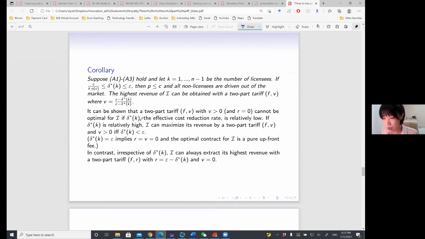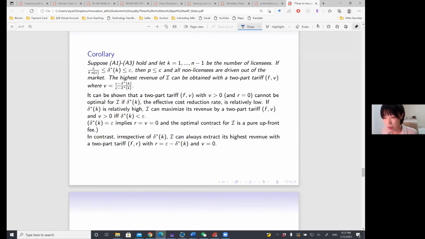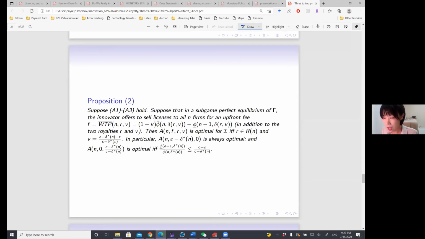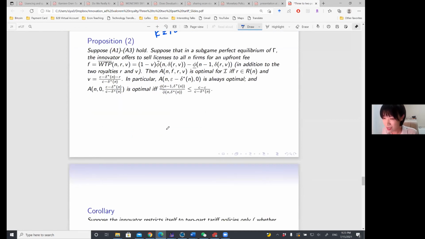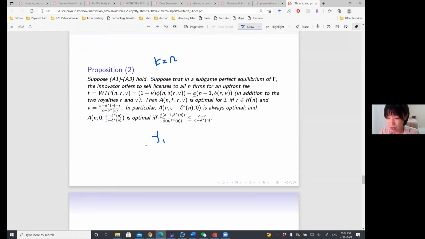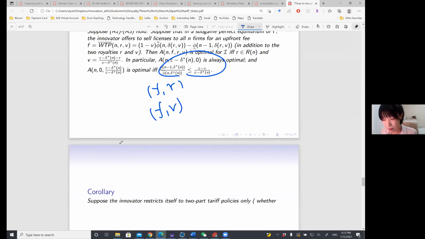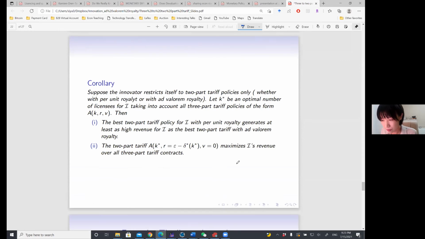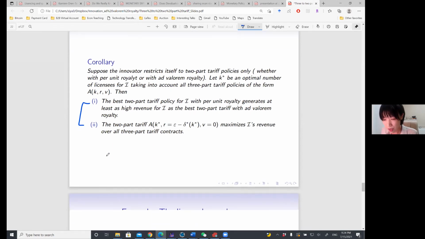And here it's just a rephrase, so let me skip this part. And proposition 2 tells basically a very similar story, but it applies to the case when K is equal to N. When K is equal to N, we have a similar result. FR is optimal, FV is optimal only if this happens.